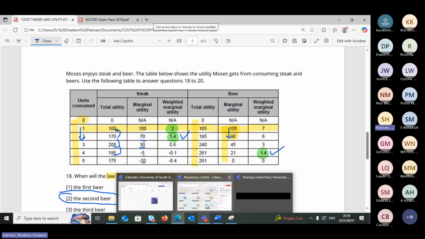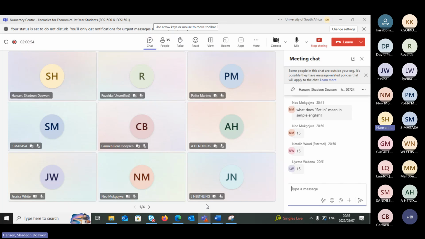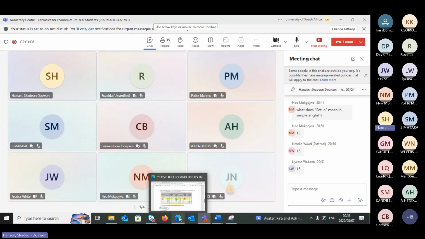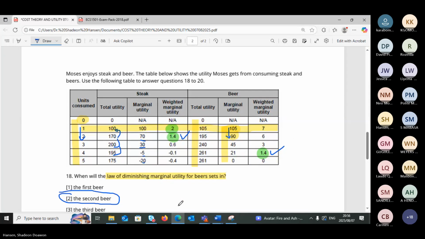This is very important, because this is one of the ways in which the question can be asked with marginal utilities. We can continue with this next week. Don't worry. So now you see there's the only instance where both appear.